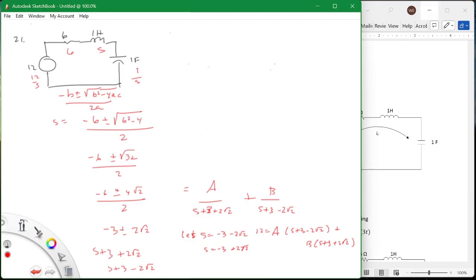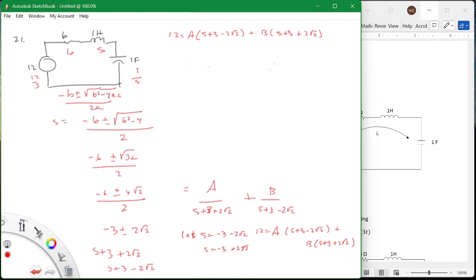So now we've got 12 is equal to A times S plus 3 minus 2 square root of 2 plus B times S plus 3 plus 2 square root of 2, right? And we let S equal minus 3 plus 2 square root of 2.